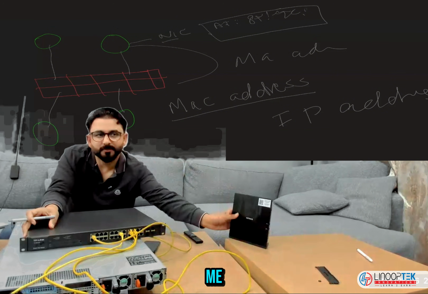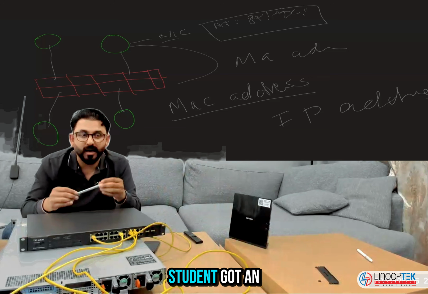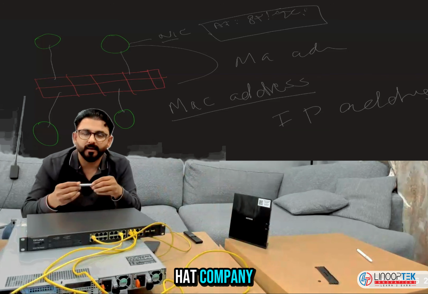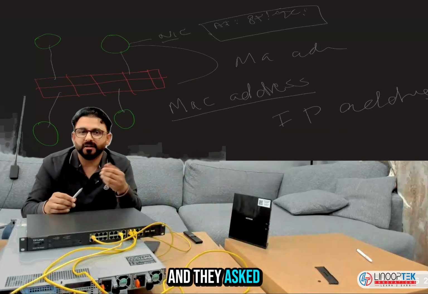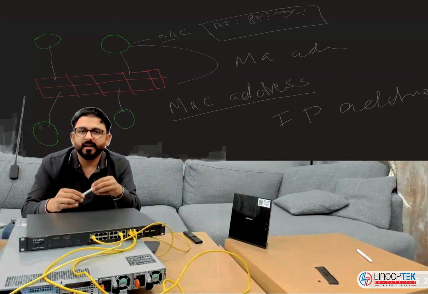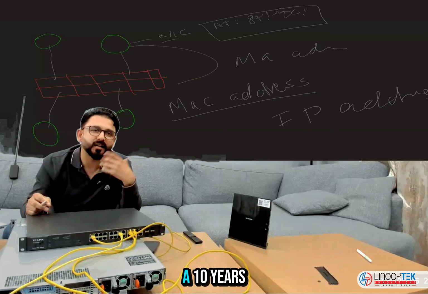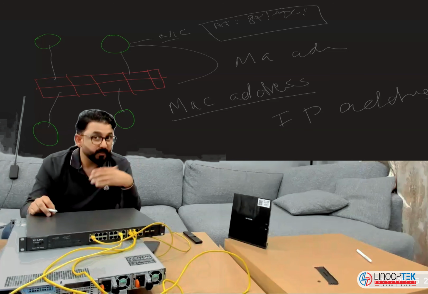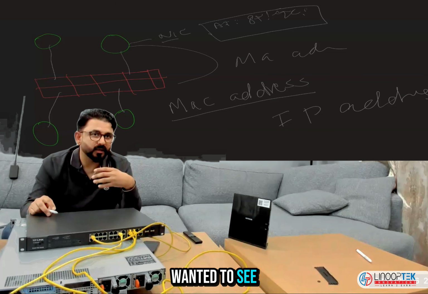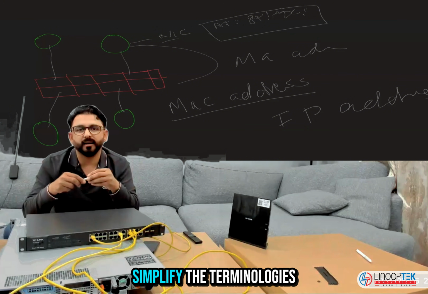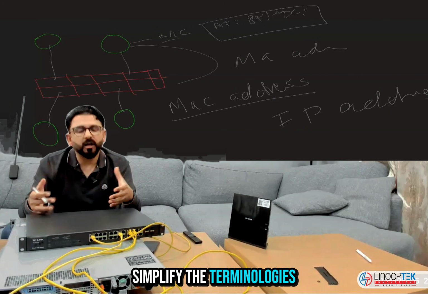And believe you me, one of my students got an interview with Red Hat, and they asked her this question: can you explain a concept like you're explaining to a 10-year-old kid? Because the manager wanted to see how you can simplify the terminologies.